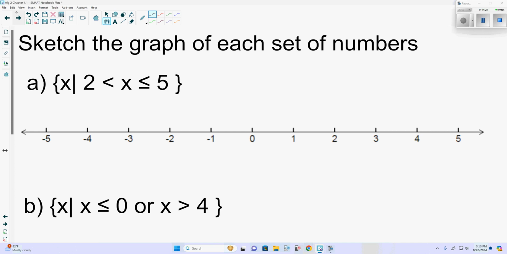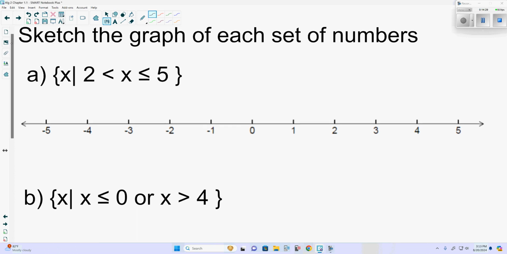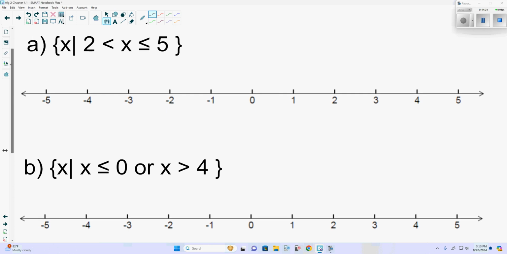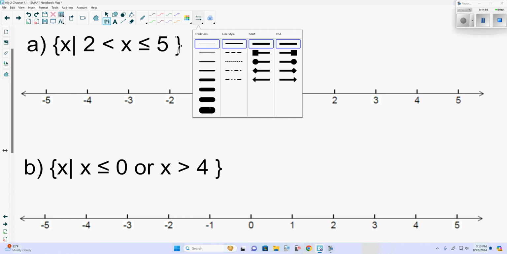All right, they want us to sketch the graph of each set of numbers. So what's interesting with this here is really this.